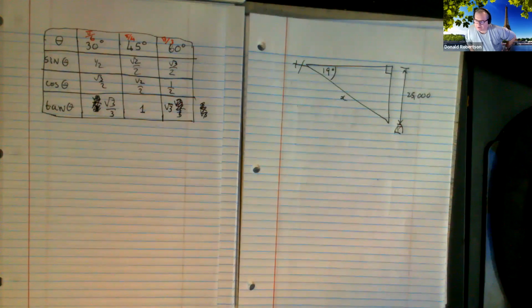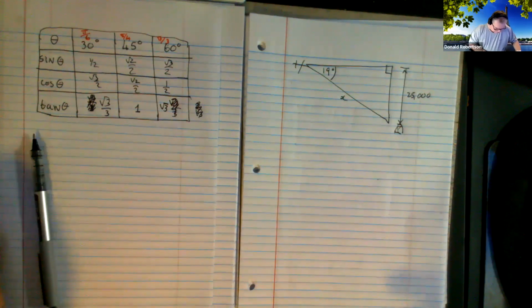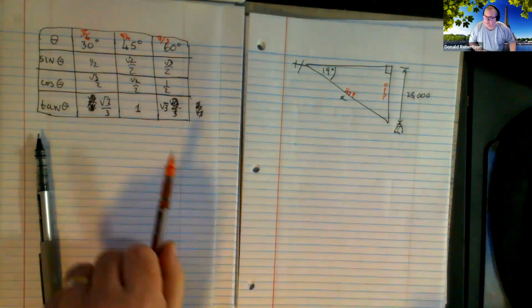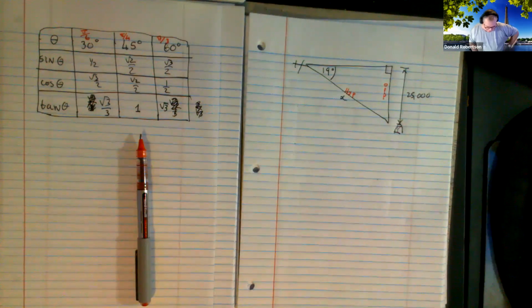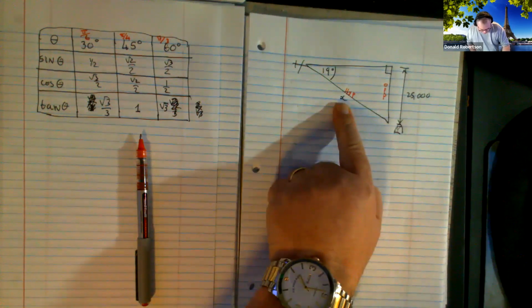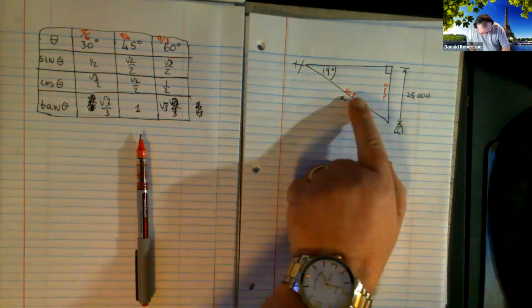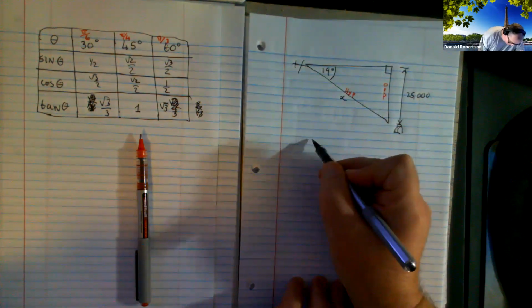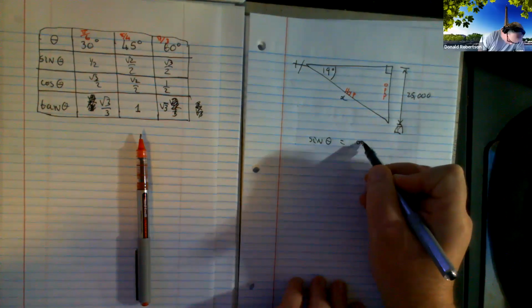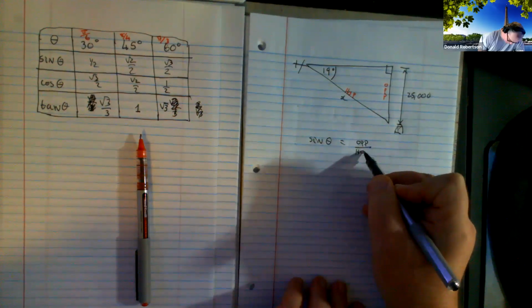Agreed? So once you've got a picture, from that angle's perspective, won't this side be called the opposite? And won't this side be called the hypotenuse? Which one of the three trig ratios uses the one that you know and this one that you're trying to find? It uses opposite and hypotenuse. Sine. So you do opposite over hypotenuse.